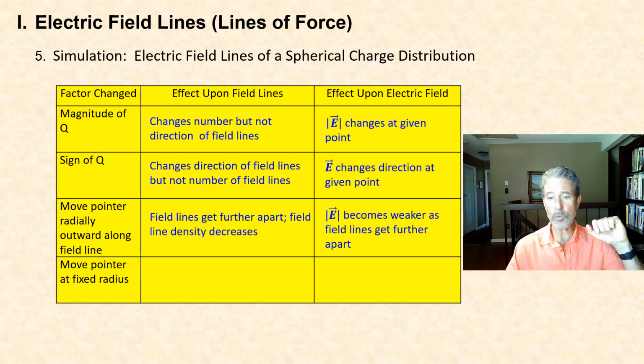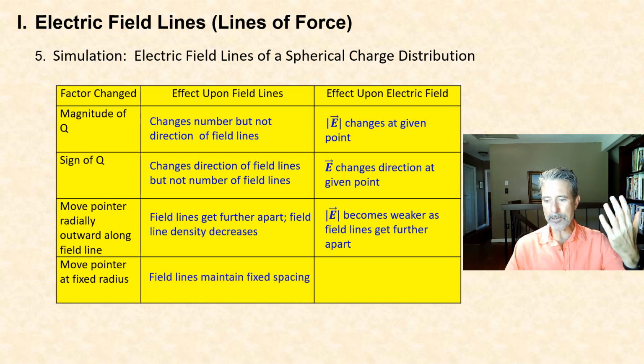And finally, when we move the pointer in the simulation at a fixed radius, we saw that the field lines maintained a fixed spacing, meaning that for a fixed radius, for a spherical charge distribution, the field line density remained constant, telling us that the strength of the electric field remained constant for a given radius.